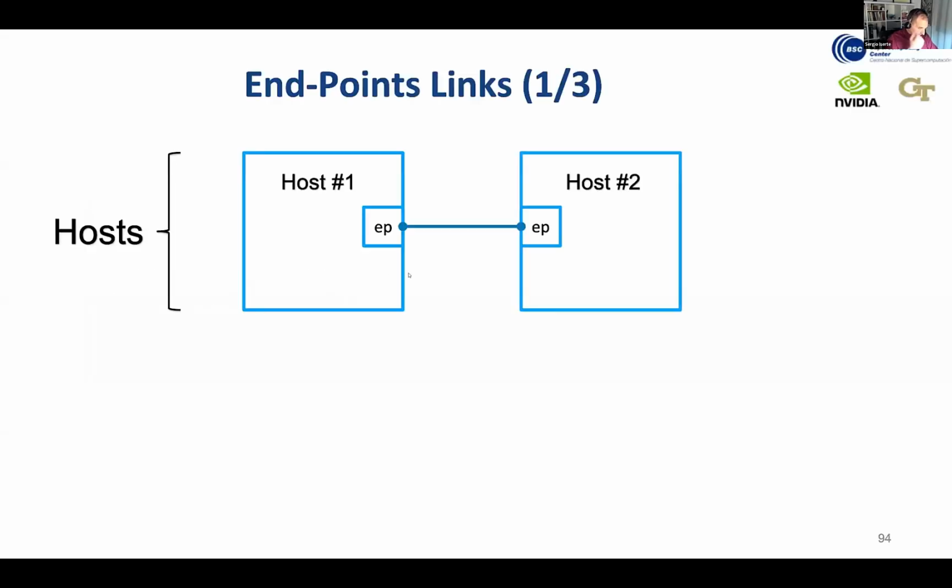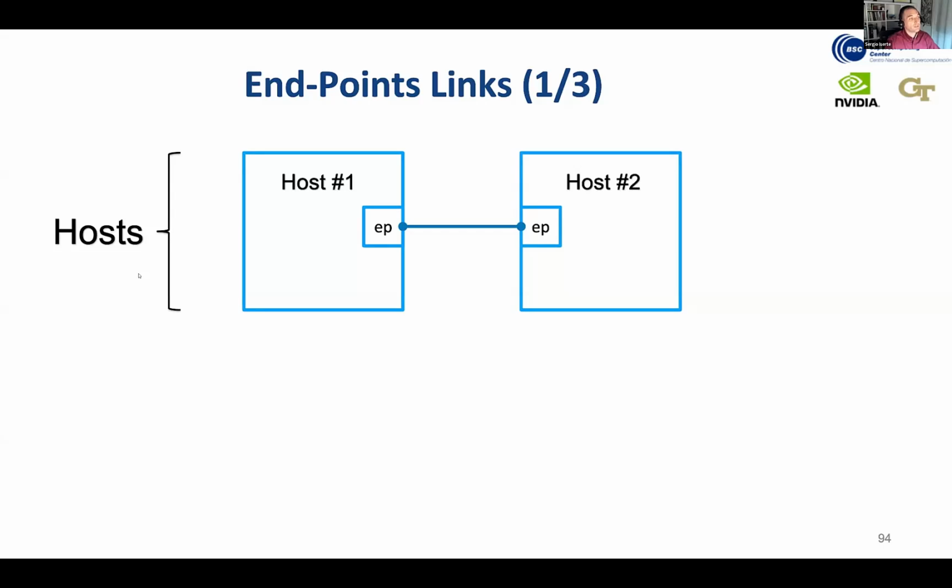Those examples were a nice proof of concept, but in HPC, we are more interested in MPI. So let's see how we leverage MPI in OMPC. By default, OpenMPI creates endpoints between the hosts that have to be communicated between the ranks.